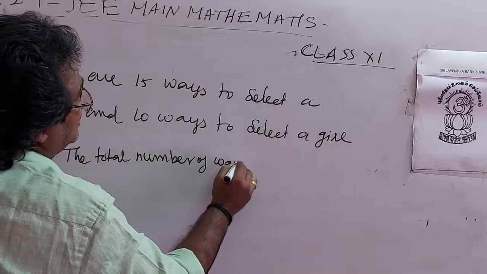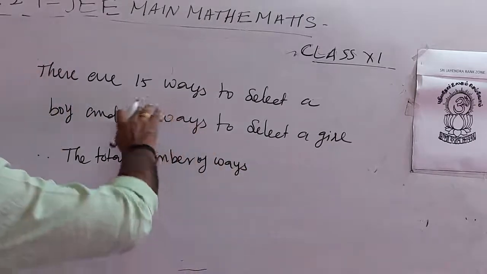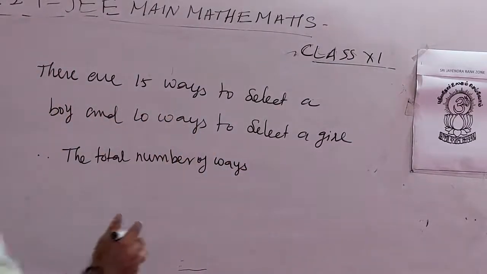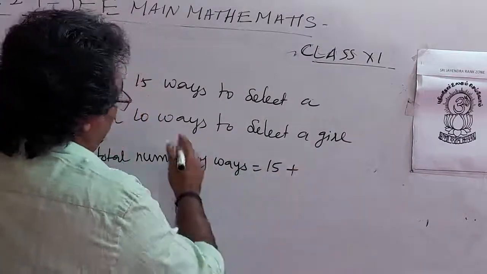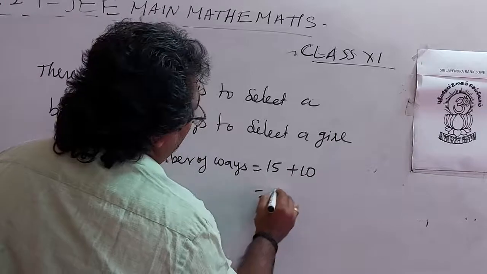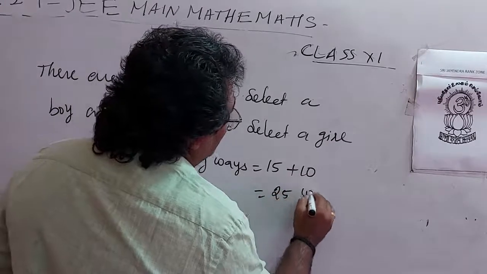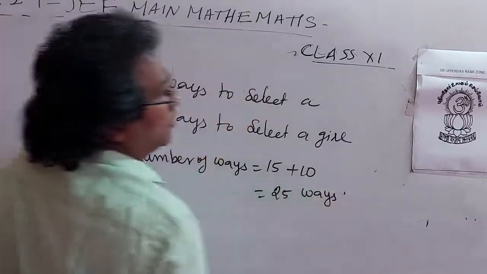The total number of ways, either a boy or a girl: or means you have to add, 15 boys plus 10 girls. 25 ways.